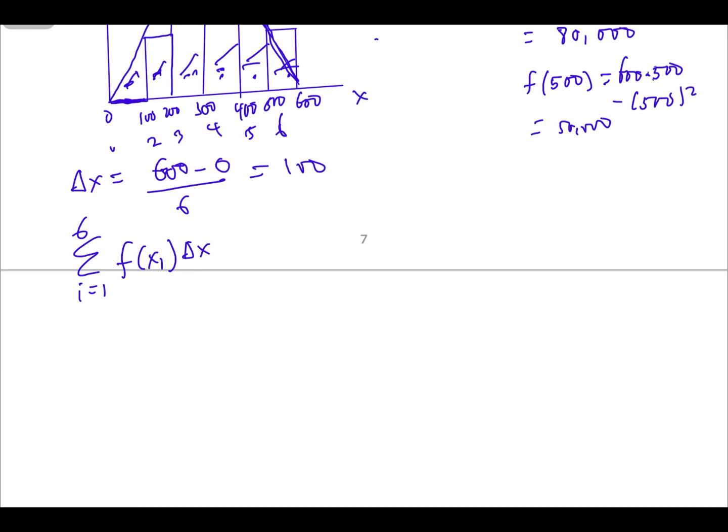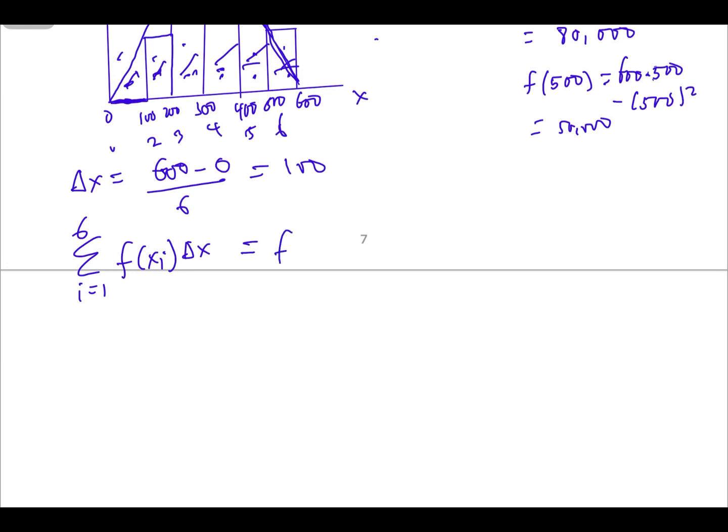So the number of intervals has finished, right? If you use the rectangles, I think you'll be clear of it. So the rectangles here, 1, 2, 3, 4, 5, 6. That will make a little bit more sense. So basically, the approximation will be equal to the sigma i equal to 1 to 6 of f of x i times delta x.